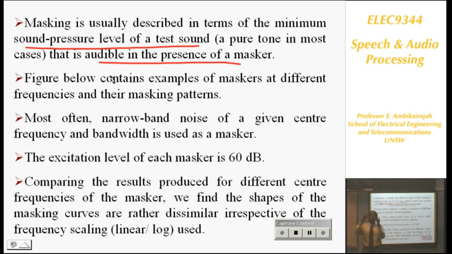Your second sound was below the threshold before, now it's above the threshold, so you can hear it. So the stronger signal sets up a masking threshold across the whole frequency band, and I'll show that in a minute. If the second signal is below that, you can't hear it. I'm showing you some examples of maskers and masking patterns in the next slide, and it shows you the difference between them.